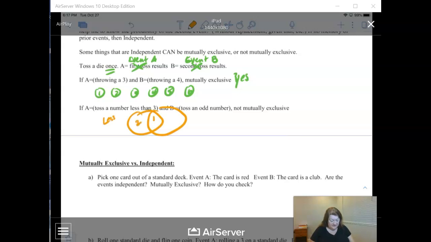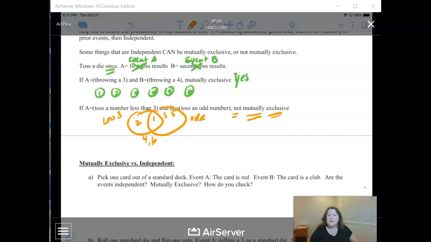And then over here, it said toss an odd number. We could have the odd numbers over here, 3 and 5, and then the other numbers would be outside the circle from our die. So that would be like 4 and 6 out here. So that is definitely not mutually exclusive, right? And again, it's still the same idea of just tossing a die. So that is an independent event, right?